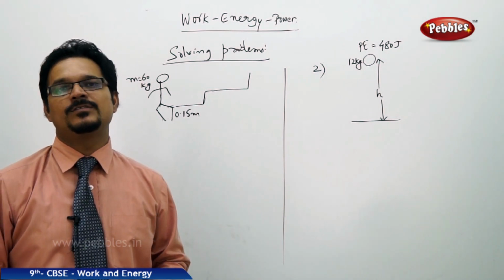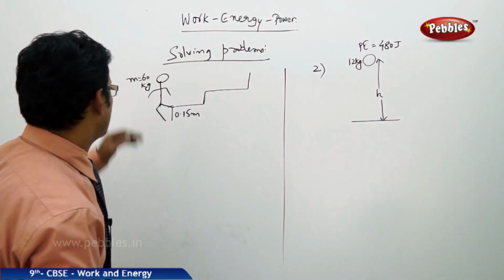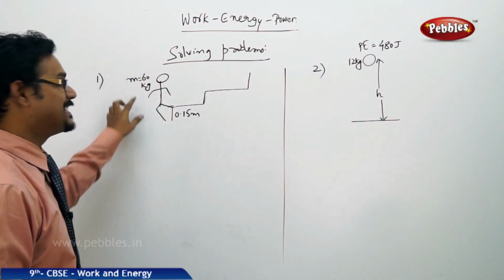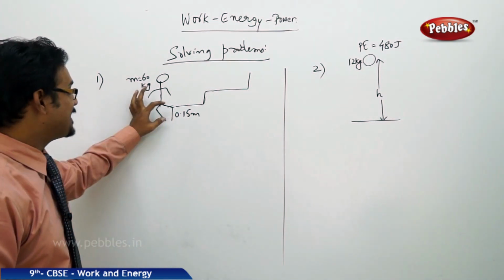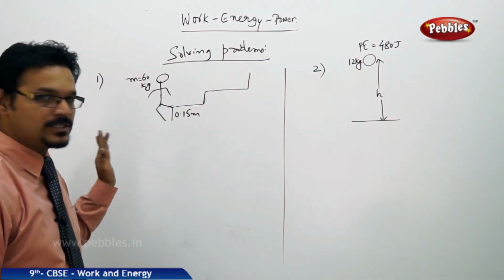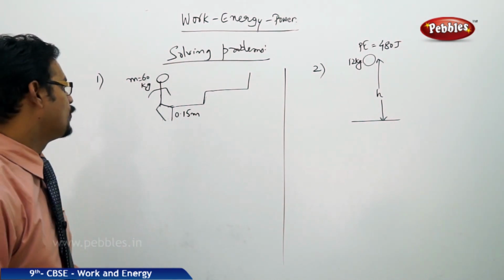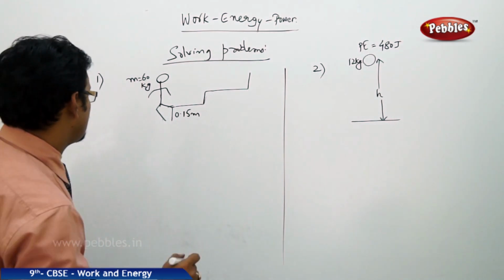Now let us solve some problems based on the potential energy formula mgh. See the first one. There's a person of mass 60 kg. He wants to climb up the steps. Each step height is 0.15 meter. Then what is the total energy required to go to the second step? So let us solve.